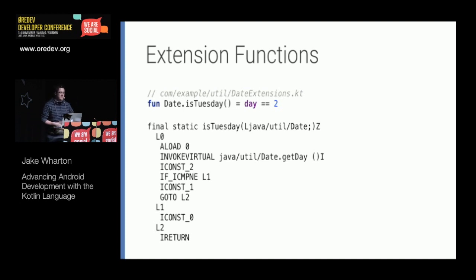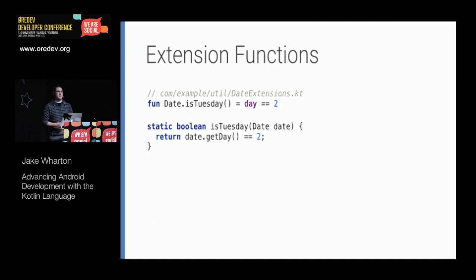There's no Kotlin runtime that's running on our devices or on the JVM. It's just running on the normal bytecode interpreter. So if you haven't seen bytecode, this is the Java equivalent of what that bytecode represents. And you'll notice it is exactly the same thing as what we would have otherwise written if we were only doing Java. It's that same static method.